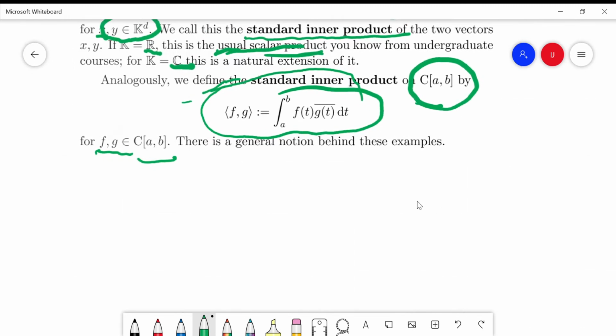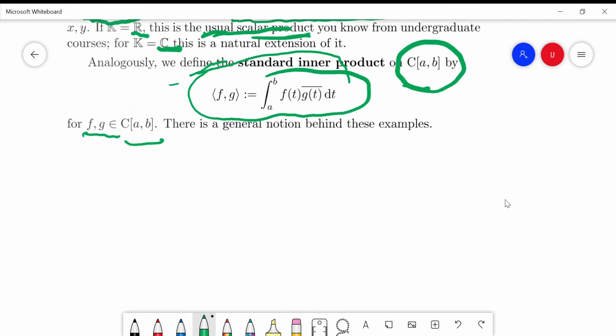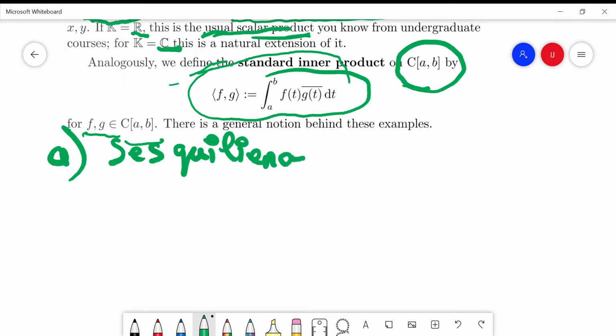So now we have this. Let's first prove the sesquilinearity. What does it say?